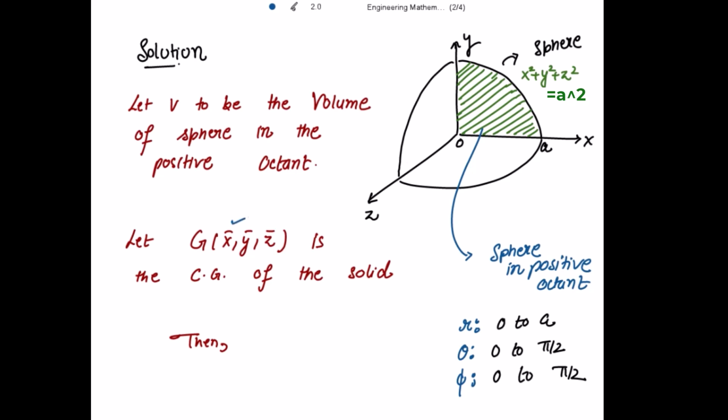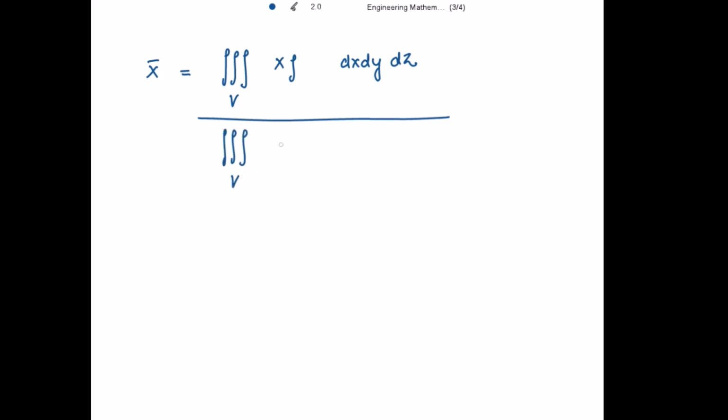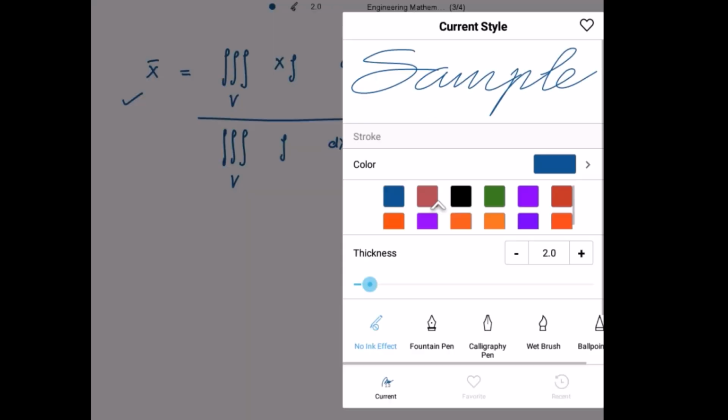Then the value for x bar is the triple integral over the volume V of x into rho dx dy dz, divided by the triple integral over the volume V of rho dx dy dz. This is the formula for x bar. Similarly for y bar and z bar. So let's find this first.